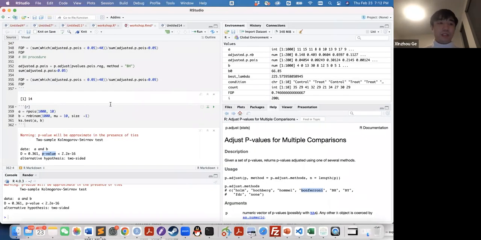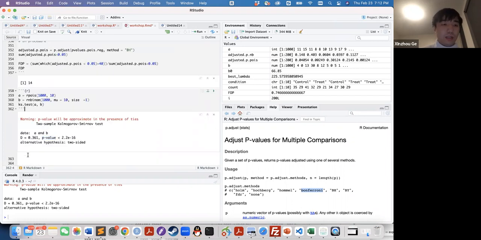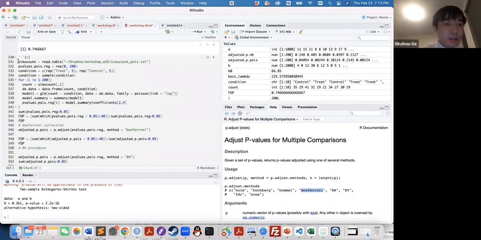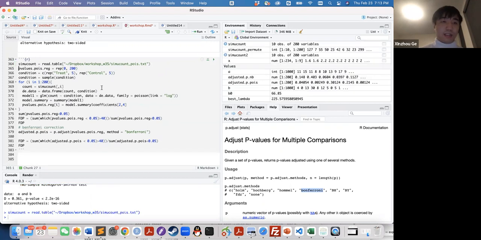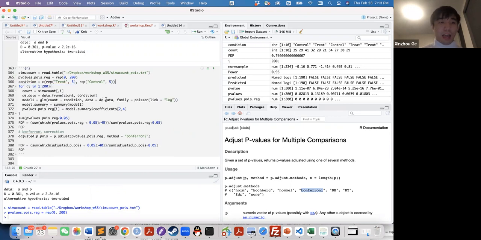So if we go back to our problem and go to the Poisson dataset, let me show you how we can use the Wilcoxon test to calculate the p-value for each of the genes. So here we use this data set and still generate a vector of p-values, and we use the correct condition label.